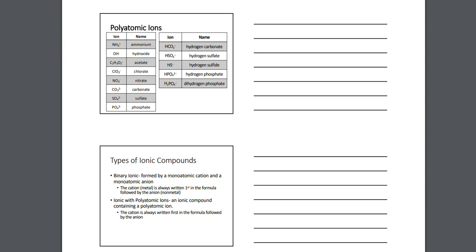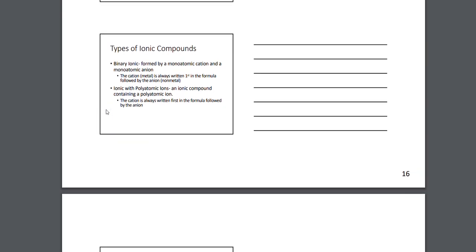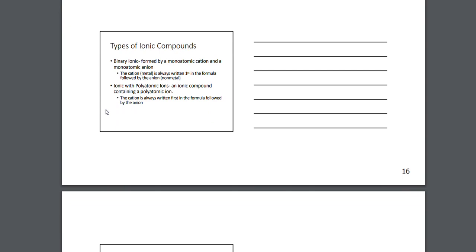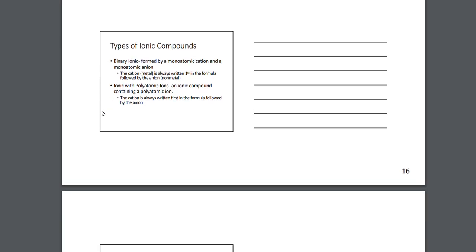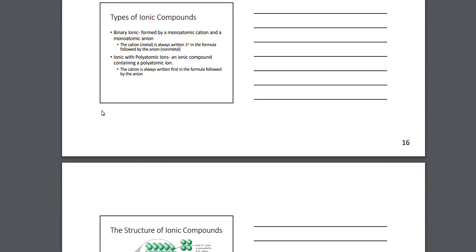So memorizing these, the charges, the names, and also the molecular structure is going to be really helpful later on. For the first exam, I'll give it to you, and for the second, third, or even fourth exam, I expect you all to memorize it. So try to memorize it sooner rather than later.